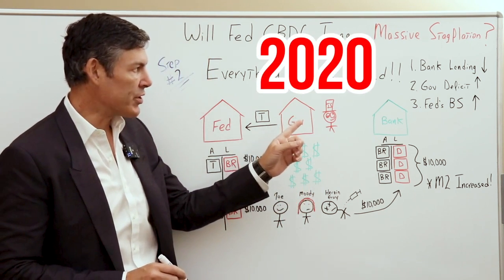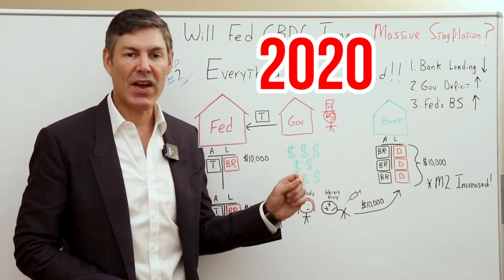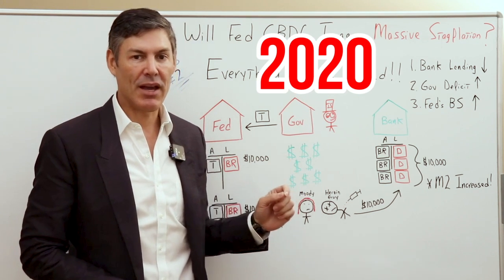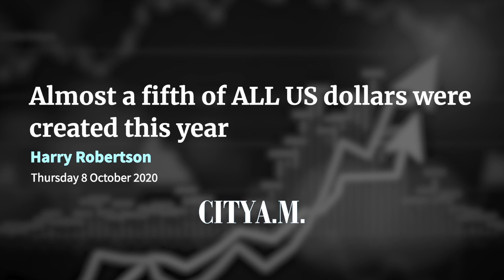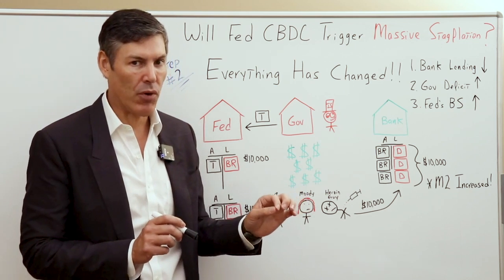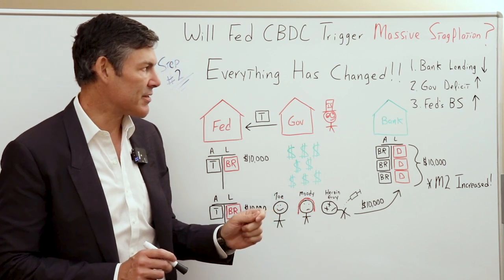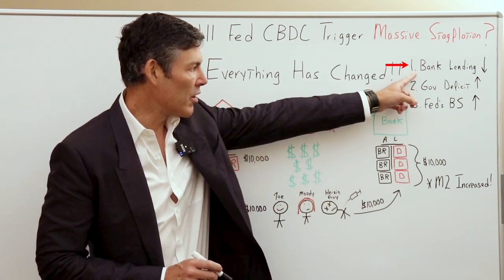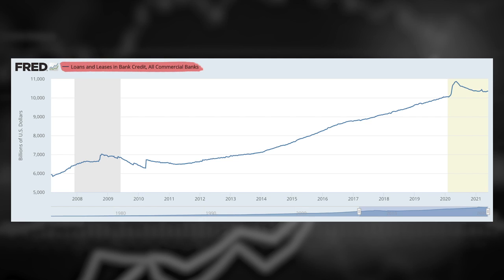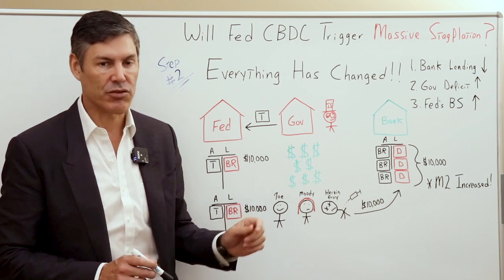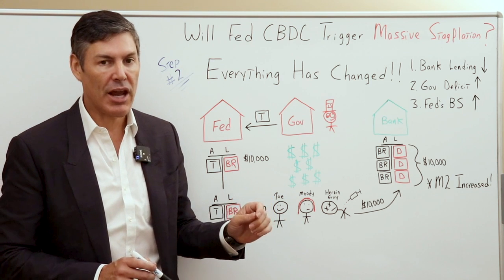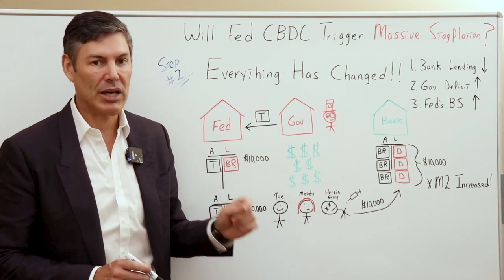So in 2020, and this is where we have the Fed and the government step in and create insane amounts of dollars. And just to really prove my point before we get into this step, I want to pull up a chart of bank lending in 2020. And you'll notice that bank lending actually went down in 2020 during the COVID sickness, or just after the COVID sickness and after we got all of those PPP loans.